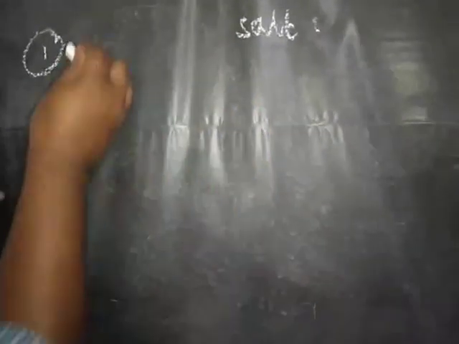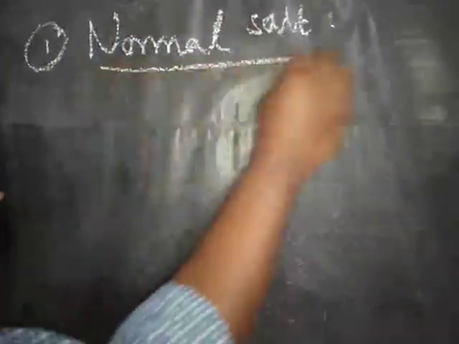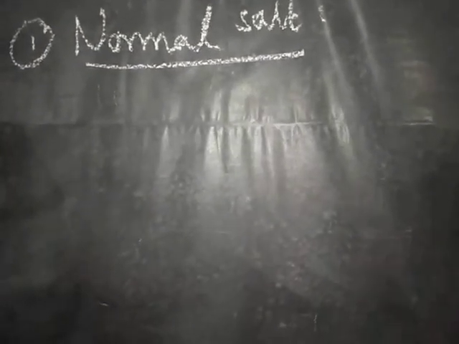What is meant by basic salt? Basic salt or normal salt or neutral salt. Instead of basic we can use normal. A normal or neutral salt is obtained by complete utilization of an acid by a base.